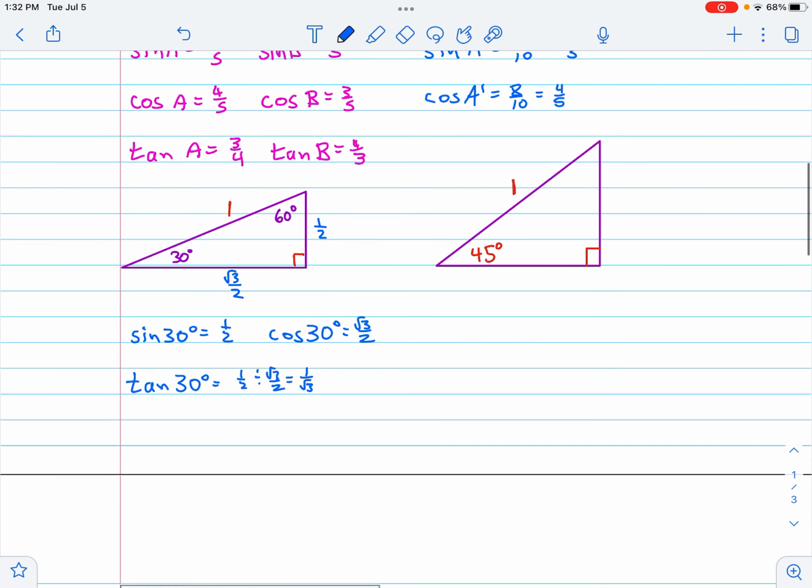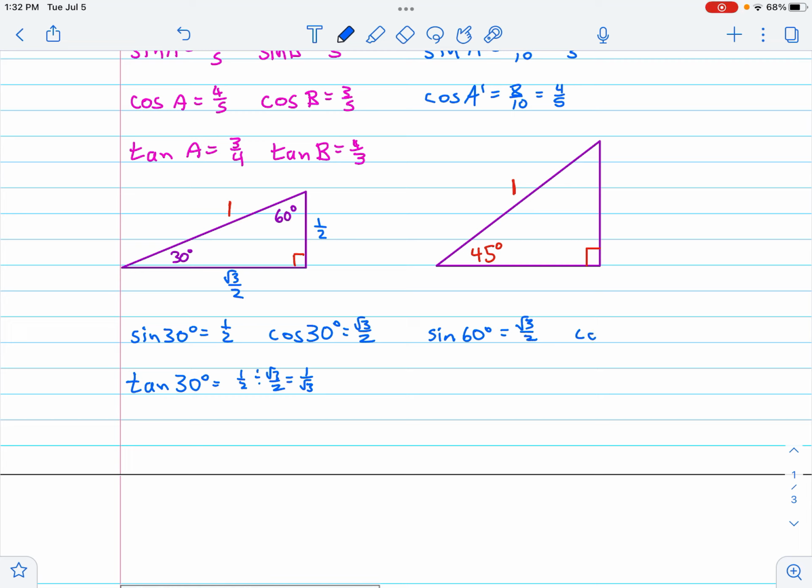Now we could do the same thing. Let's talk about the sine of 60 degrees. The sine of 60 degrees is square root of 3 over 2, because it's the opposite over the hypotenuse.